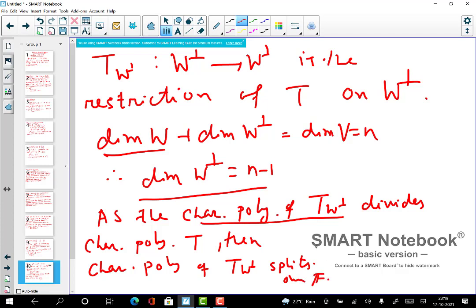Okay, so now we have an inner product space of dimension n minus 1 and the linear operator T_W perp on W perp whose characteristic polynomial splits. So you can now use induction, right?